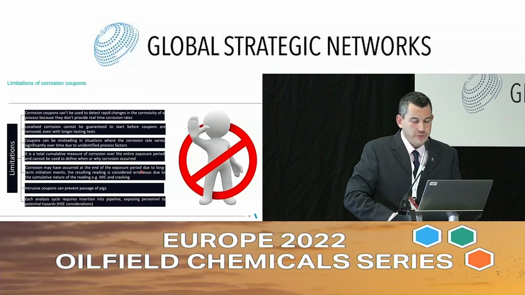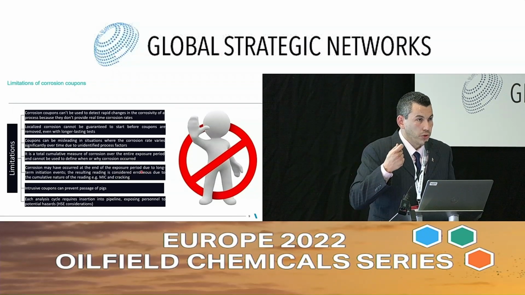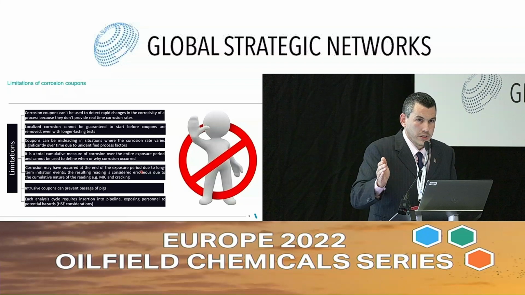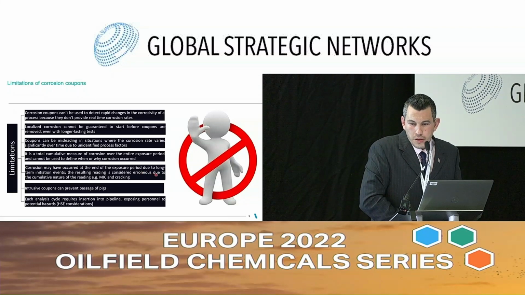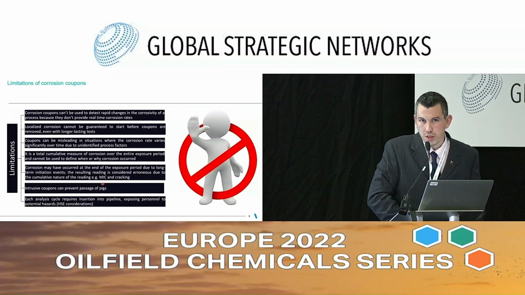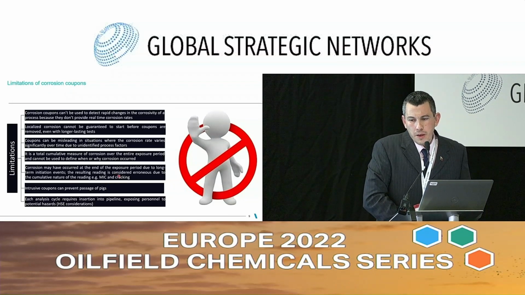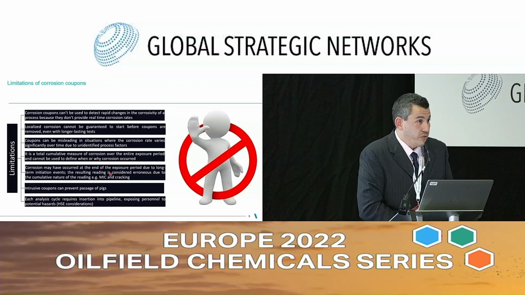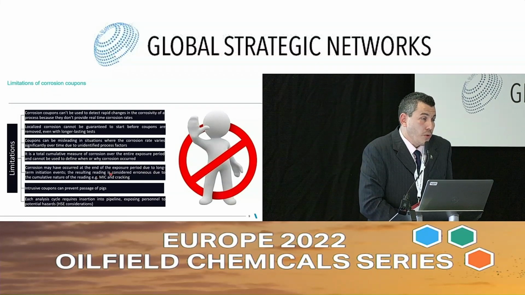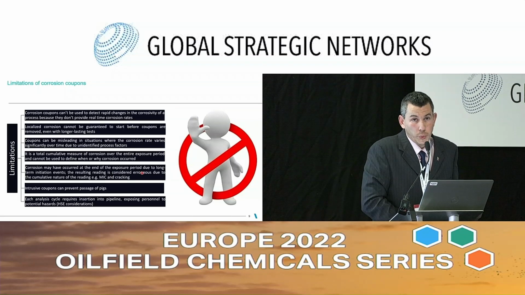For example, if when you retrieve the corrosion coupon you have a cracking, you are never going to be able to say when that cracking initiated. And the propagation of that crack is not possible to have information about. So as I already said, corrosion might happen just at the end of the period, or maybe at the beginning of the installation, we will never know.